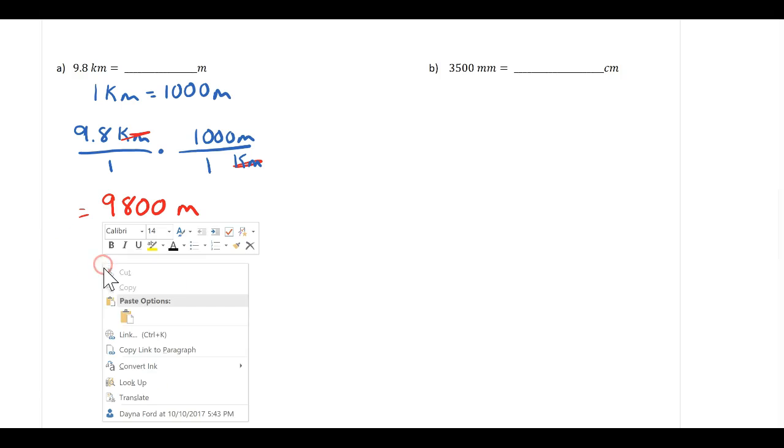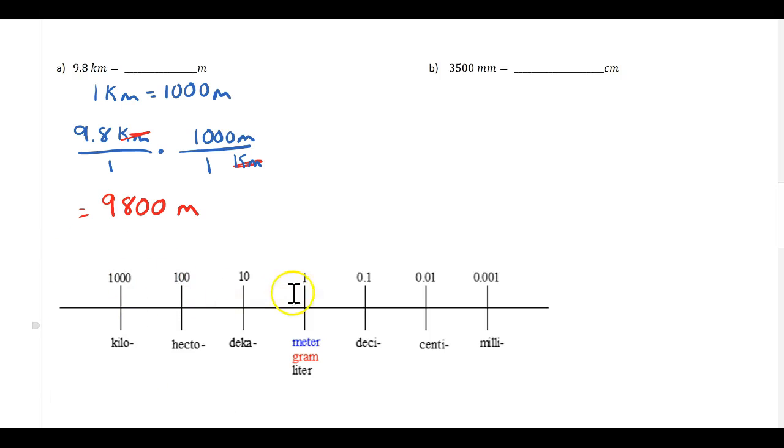Another way of doing it is, if I look at this, I'm starting out at kilometers. So I'm starting out here, and I'm going to meters. So I'm going here. So I'm going 1, 2, 3 places to the right.